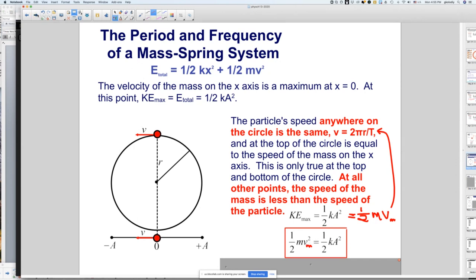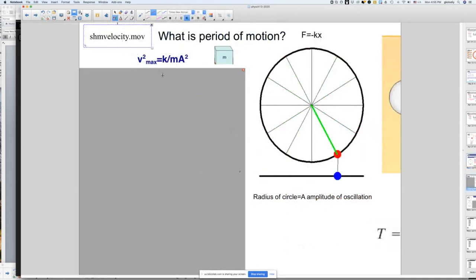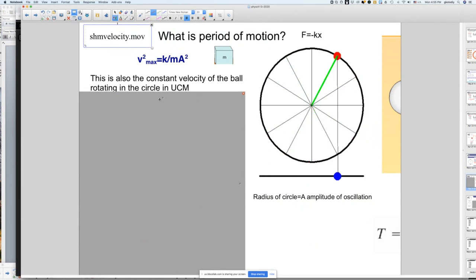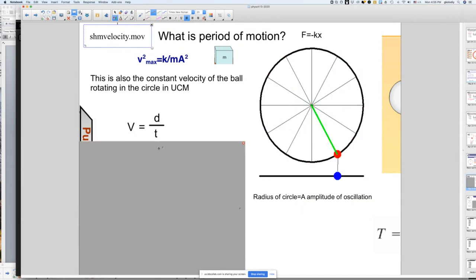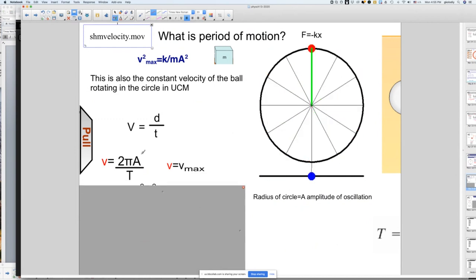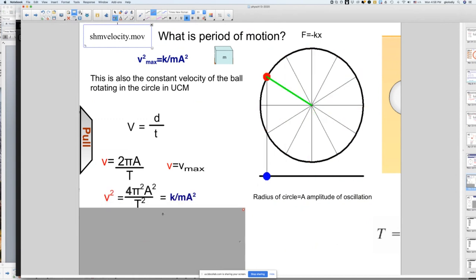We did this a couple of times already, but we didn't do what I'm going to do now. So v is equal to d over t, 2 pi a over T. T is the period. That's for this thing going in a circle. And here, for this thing going over here, v is equal to v max. So we are going to set this equal to that.